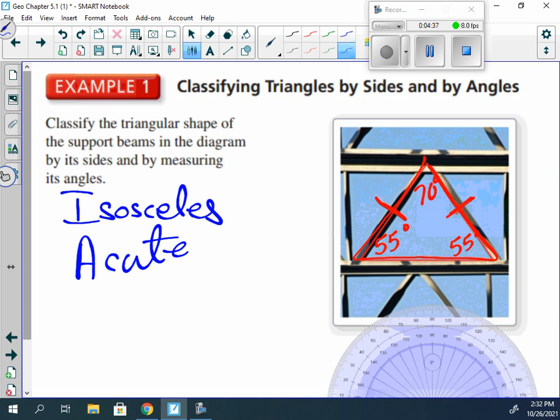Since all the angles are less than 90, then it would be acute. So how can we name this triangle based off sides and angles? It is what? Acute. An isosceles acute triangle. We could say an acute isosceles triangle, but we're naming it based off both the sides and angles. And that's it. Questions on this here?